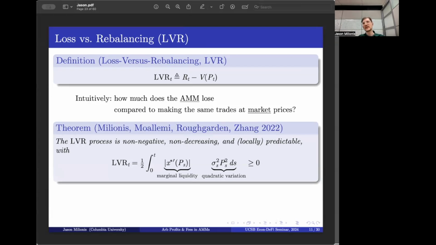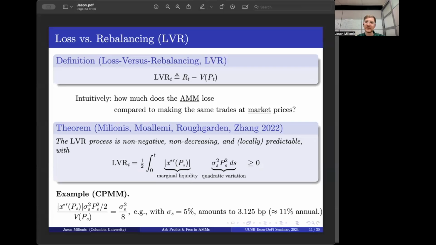So what we characterized with our co-author Anthony in 2022 is that this LVR process, if you study it as a stochastic process, is a non-negative and always non-decreasing process that is basically going to be characterized by the marginal liquidity that is present in your AMM times the quadratic variation of the price process that you have.